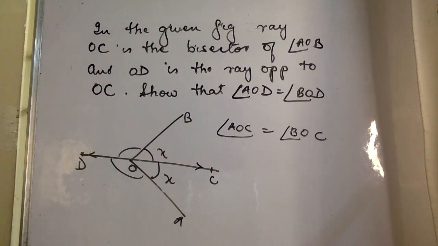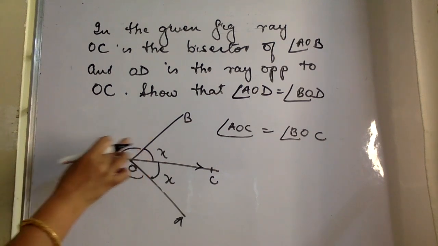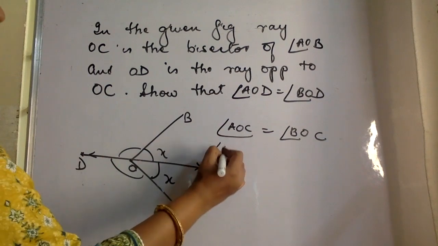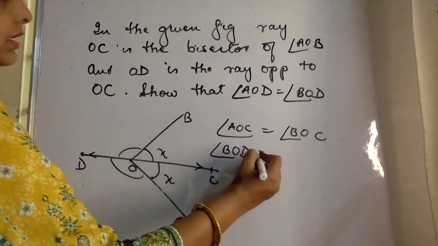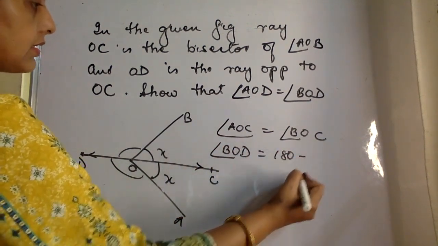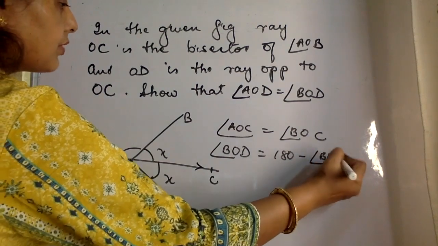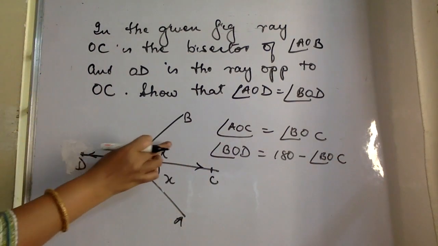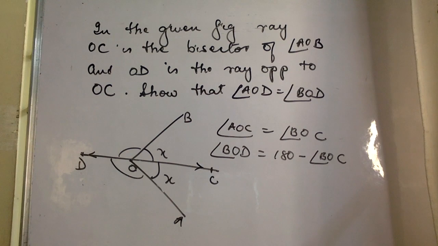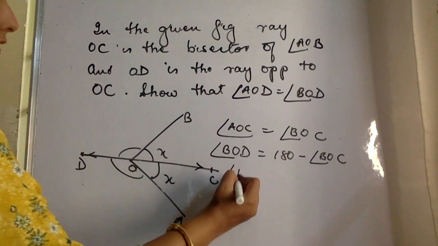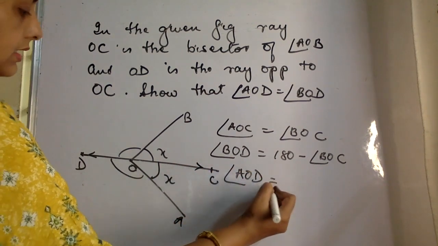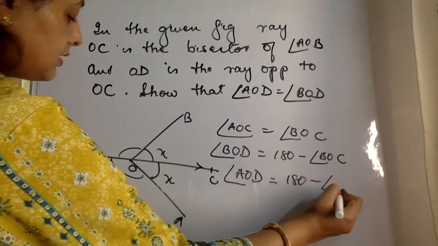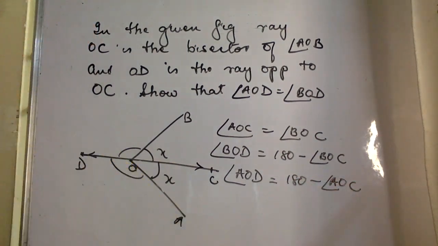Angle BOD is equal to 180 minus BOC, no doubts about it. Yes, this is 180 minus this, and angle AOD is 180 minus AOC.